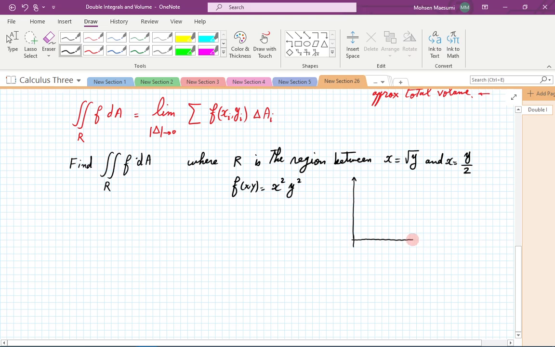Okay, so the first problem is friendly. x equal to radical y. Well, we are not all that used to having our functions in terms of y. It's perfectly okay, but in most of the practice you have, y is given in terms of x. So when it's given the other way, maybe a quick way of handling it is to turn this around.